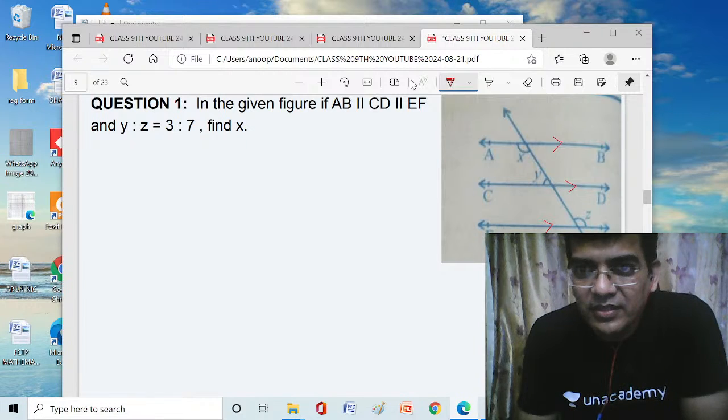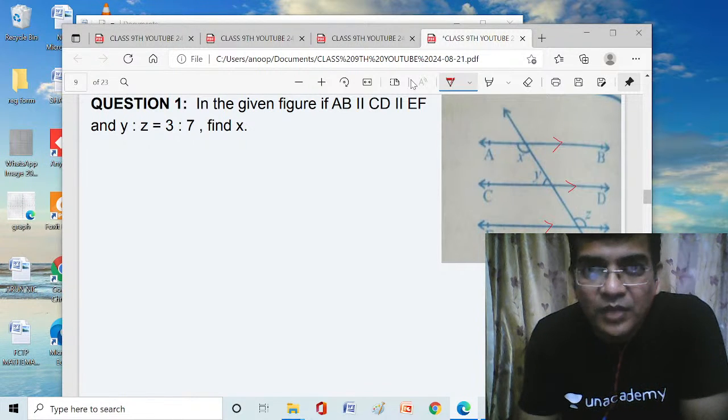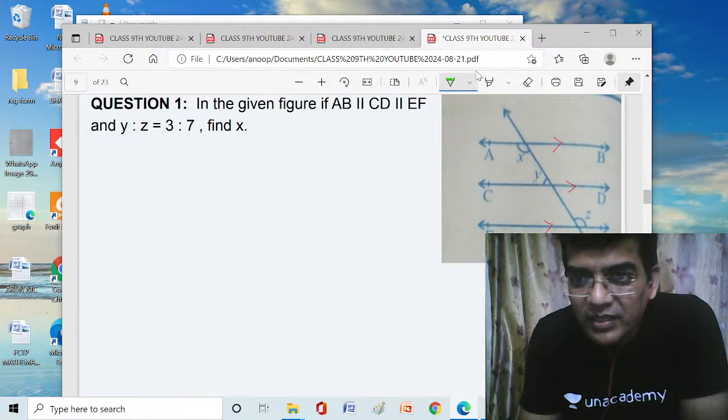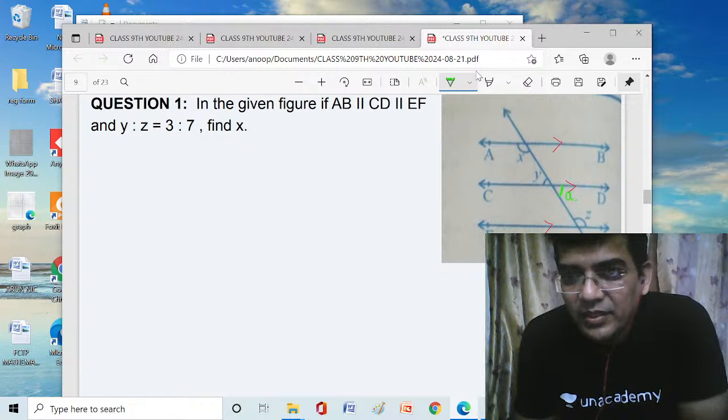Now, in this figure I am going to mark one angle. Just see over here. I am marking this angle as A. Now, what can you say about the relation between A and y?